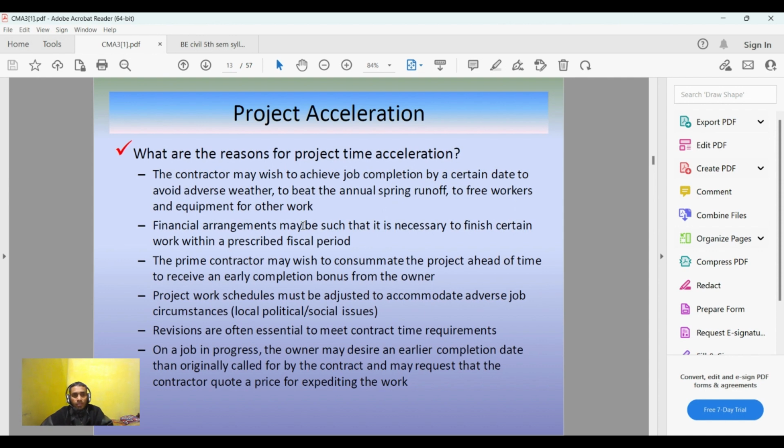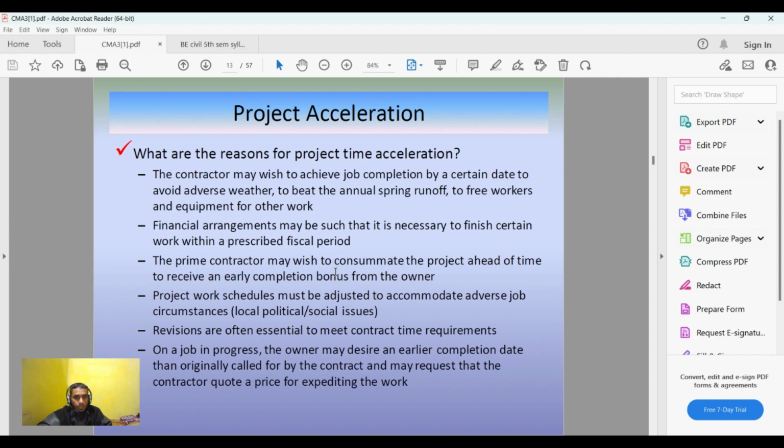Okay, sometimes the contractor may be having two or three projects in hand, and then he may have limited manpower in form of workers, and he may also have limited equipment or machinery. In that case, he will try to complete the job by a certain date, okay, so that these workers can be freed up and deployed at another site.